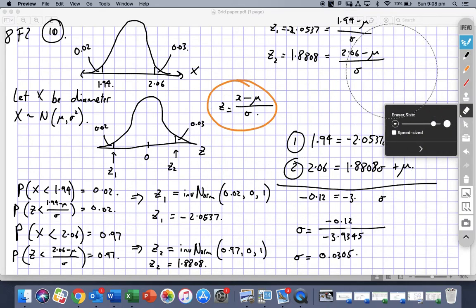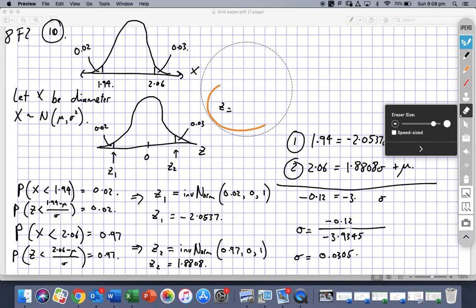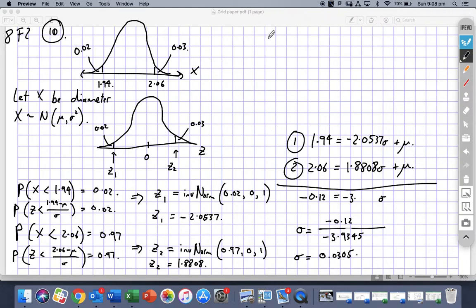What do you mean you haven't found the mean? I might do it up here actually, because we can just substitute in. Sub our standard deviation into equation 1. So the mean would have to equal what? So 1.94.